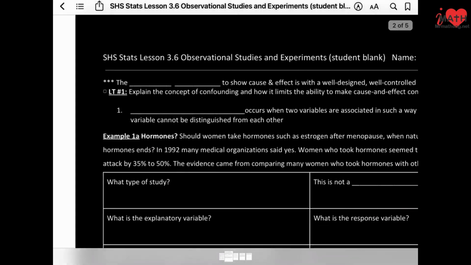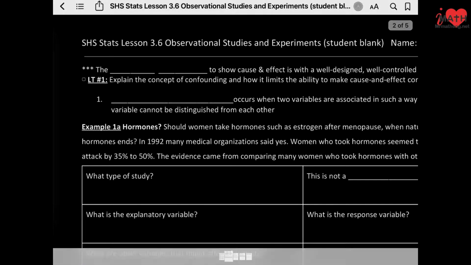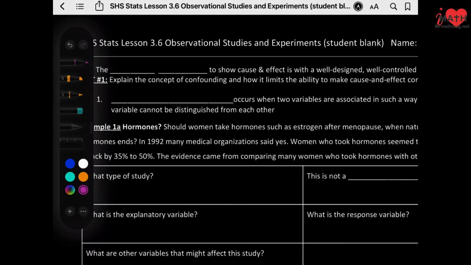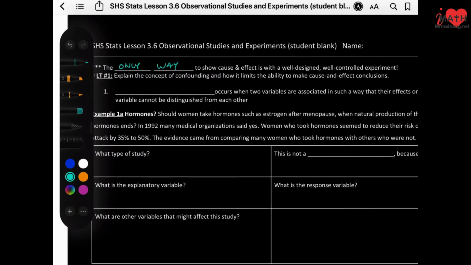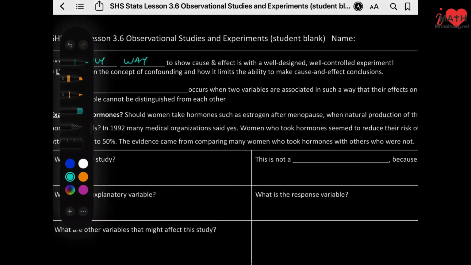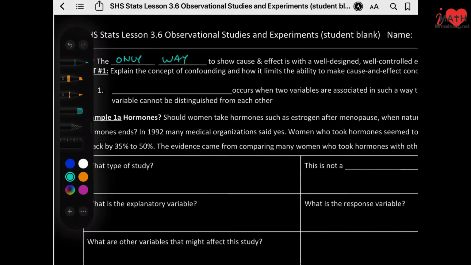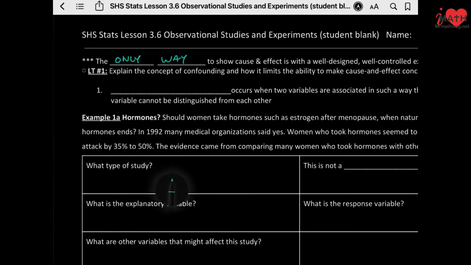If we go to the top of page 2, again, what is the only way to show cause and effect? This is with a well-designed, well-controlled experiment. Okay, that was learning target 0. Let's go on to learning target number 1.